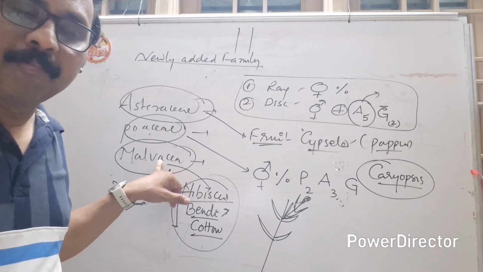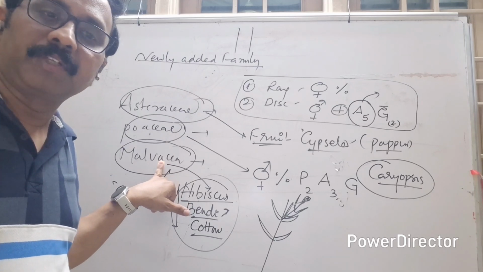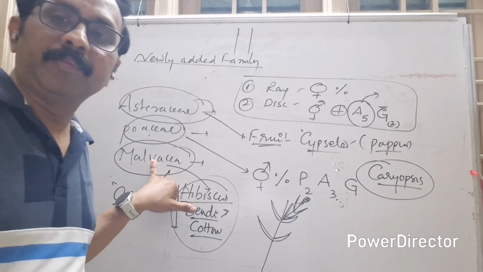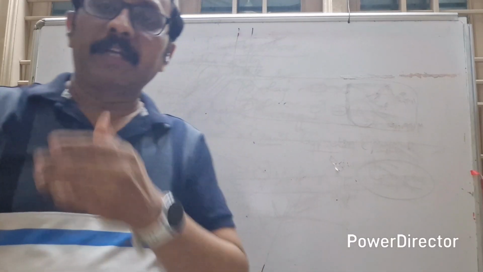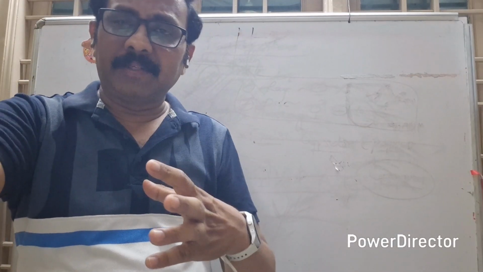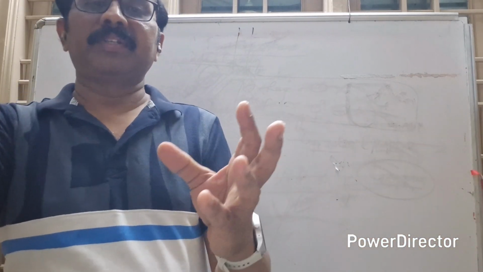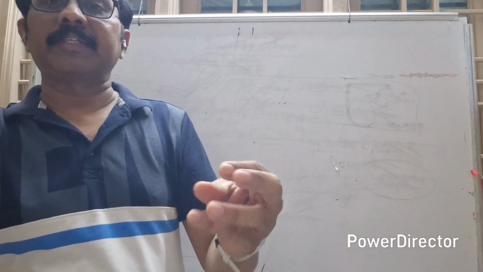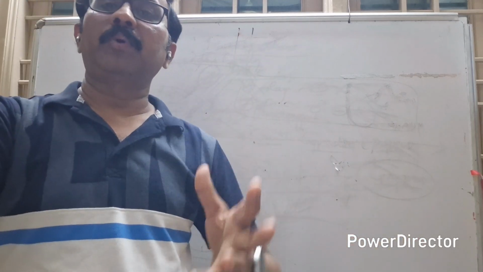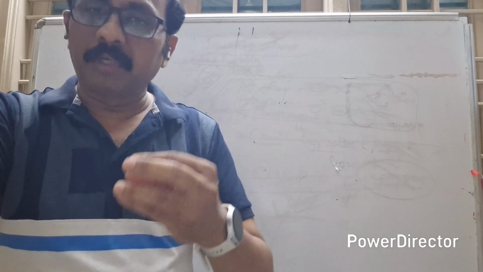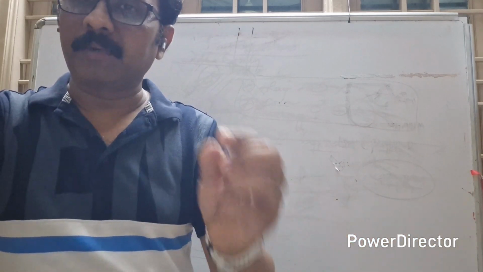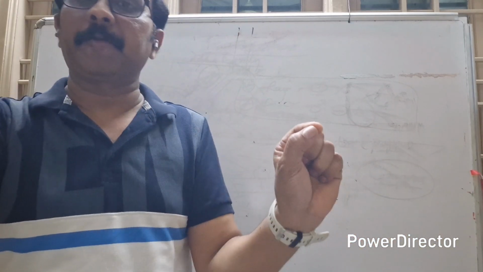Of course, they are also actinomorphic and bisexual flowers. One more important area is morphology, where I think you can easily attempt the questions. Like the areas of aestivation, placentation, and leaf, you have to observe carefully. While attempting the answer, first read carefully what the question is asking.